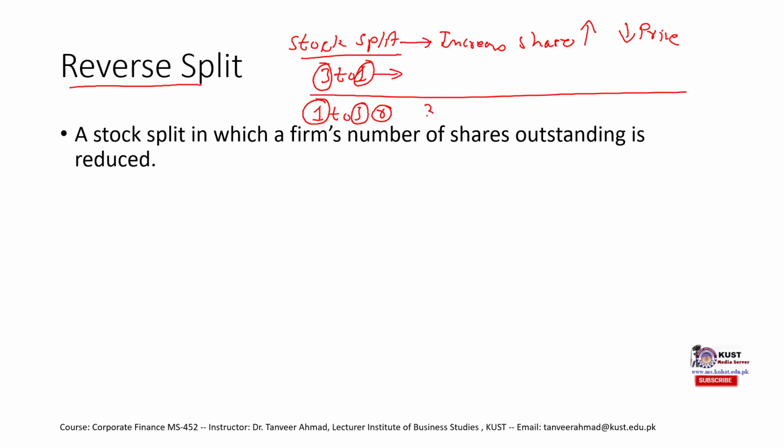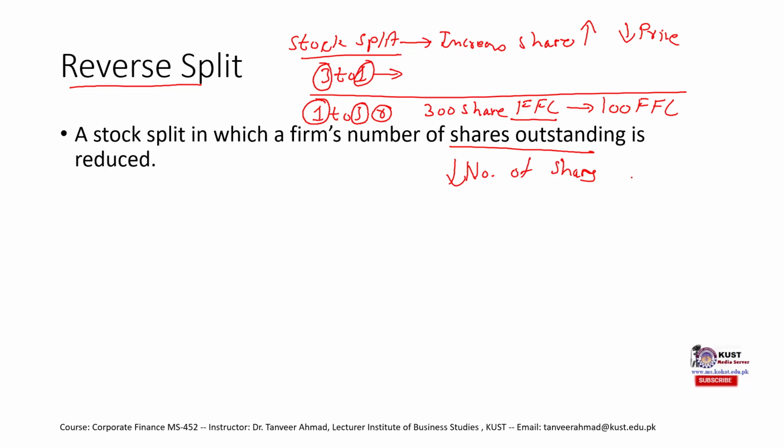So if a shareholder was previously holding 300 shares of Fauji Fertilizer Corporation, then after the reverse split, the shareholder would be left with 100 shares of Fauji Fertilizer Corporation. So in stock split, the number of shares would increase, but in reverse split, the number of shares outstanding will decrease, right?